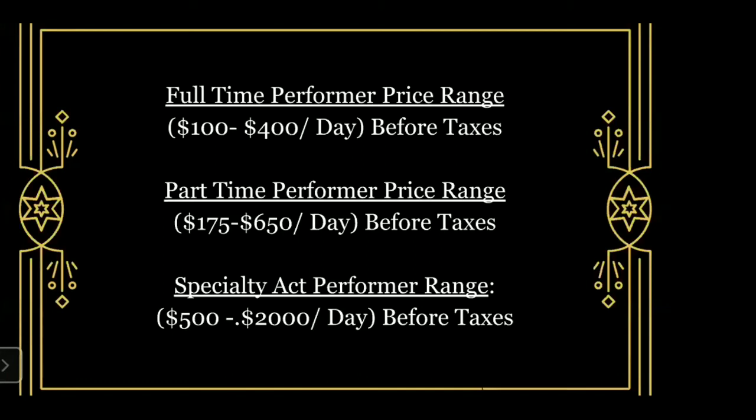So if you're a full-time performer, your price range would be $100 to $400 before taxes. If you consider yourself a part-time performer, your range would be $175 to $650. And if you consider yourself a specialty performer, your day rate range would be $500 to $2,000 before taxes.